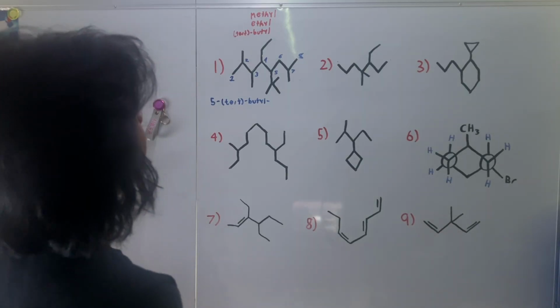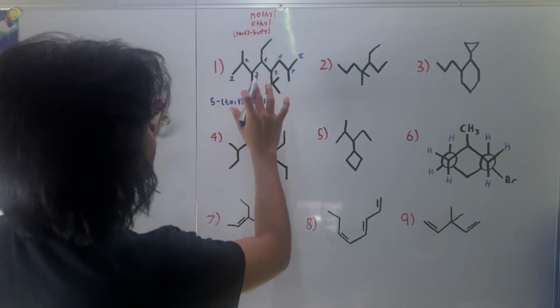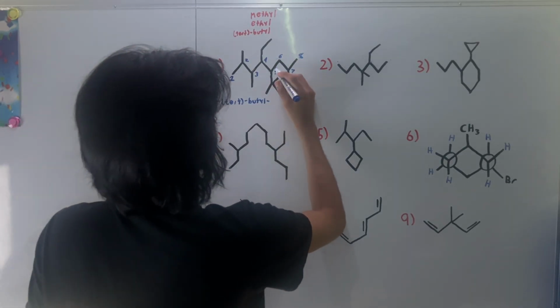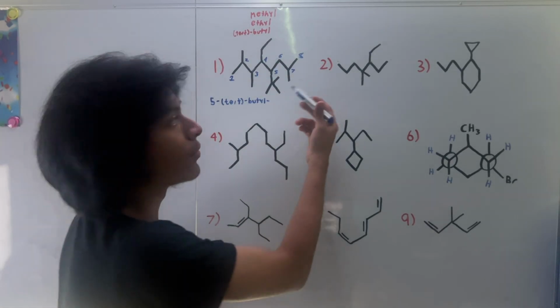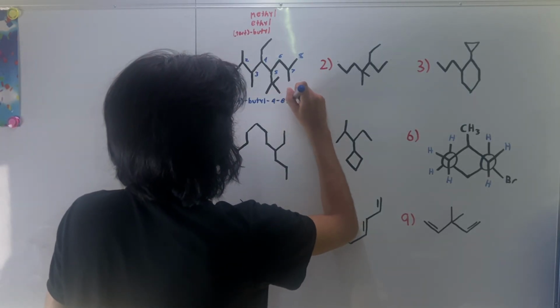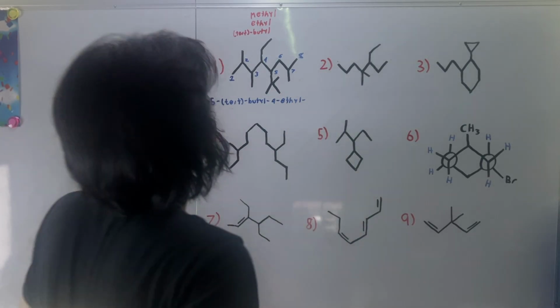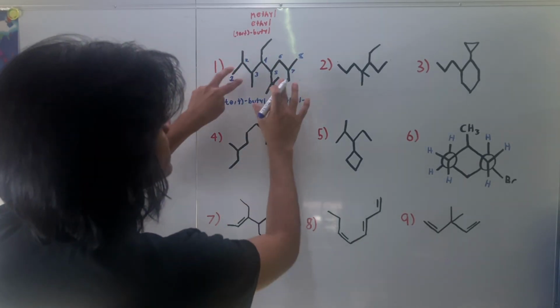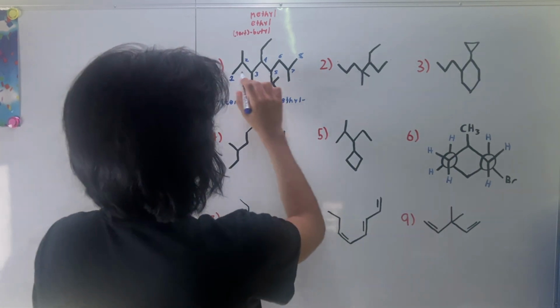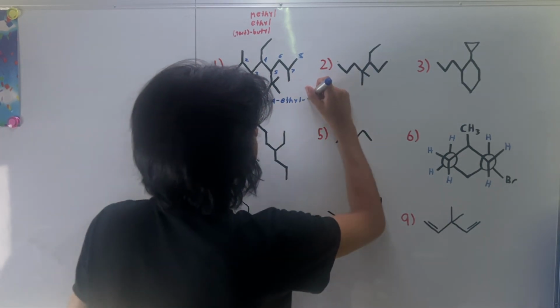All right. And our next substituent would be our ethyl group. Our ethyl group in this case is in the 4th position. So we're going to write 4-ethyl. And now we do our methyl groups, but in this case we have 3 different methyl groups. So we're going to write down 2, 3, 7.